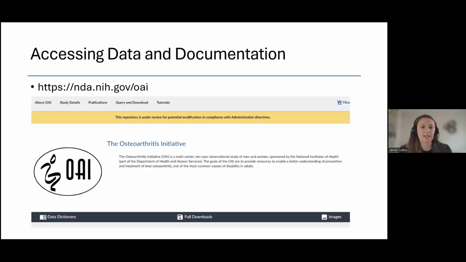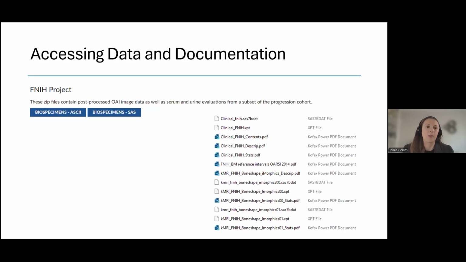To access the data and documentation, go to the NDA NIH website where you get the fuller Osteoarthritis Initiative data. If you click on the full download, it will bring you to a screen that shows all of the different data that you can get, and there's a separate button for the FNIH project. If you go to download this, it says biospecimens, but it actually includes everything.